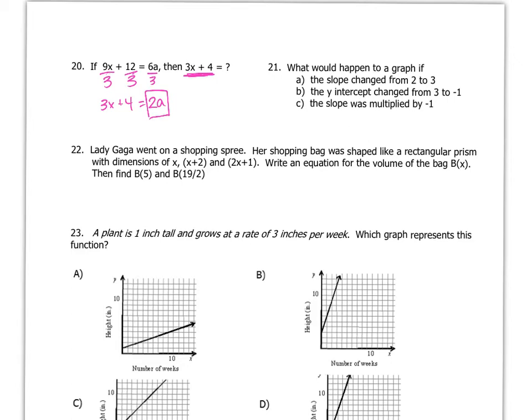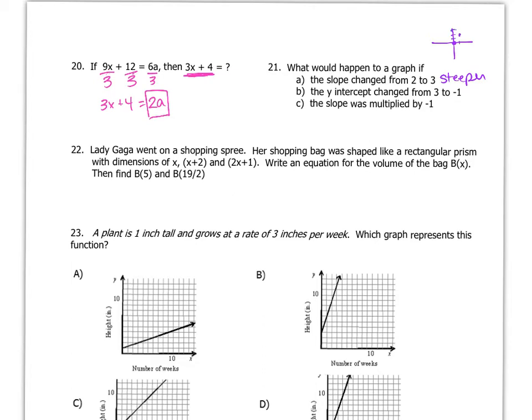On number 21, what would happen if you have a slope that changed from 2 to 3? Well, if you're going from a slope of 2, so that's going to be up 2, right 1, to a slope of 3, which is up 3, right 1, you know that that line is going to get steeper. Okay? If you need to, draw a little coordinate plane and just start from the origin. So if I went up 2, right 1, it would be there.